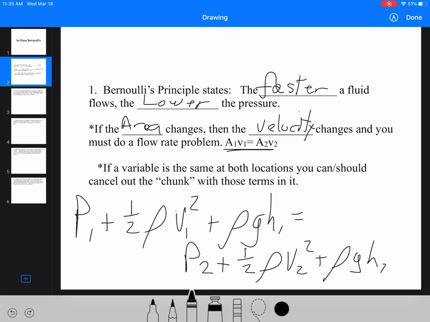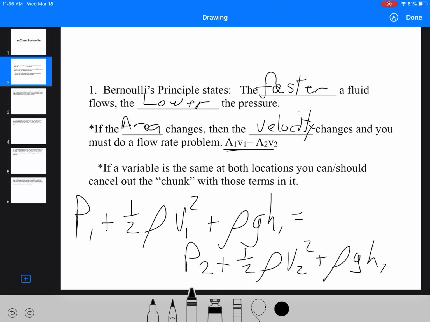If I were to say that because my area didn't change, my velocity didn't change, then we could cross off the chunks that have my v's in them, because my v1 and my v2 are going to be the same at both locations. Or we could say if the height of my pipe doesn't change, as a horizontal pipe, then we can cross off these chunks that have the heights in them. So that's Bernoulli's.